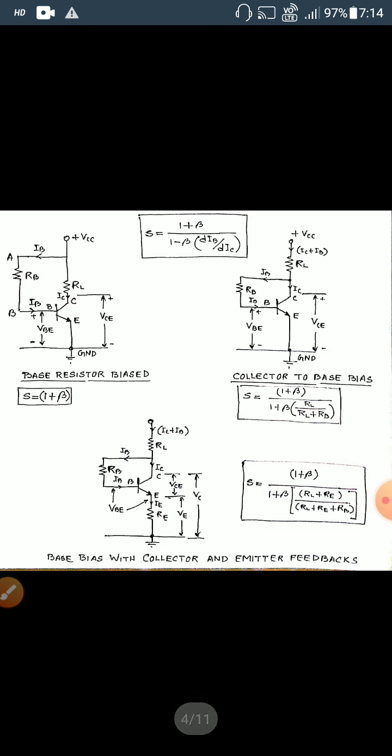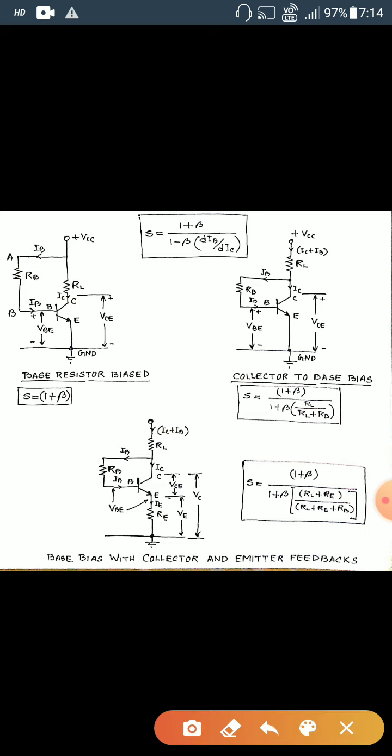For the base resistor method, this is the circuit diagram where RB and RL are both connected with VCC. If you consider the collector to base bias, this RB is not connected directly with VCC. It is connected after the RL.